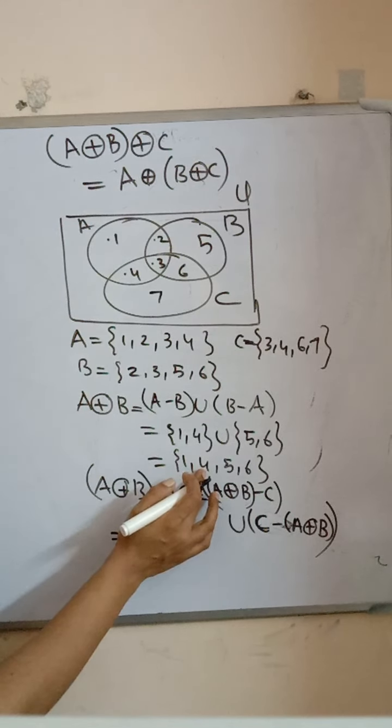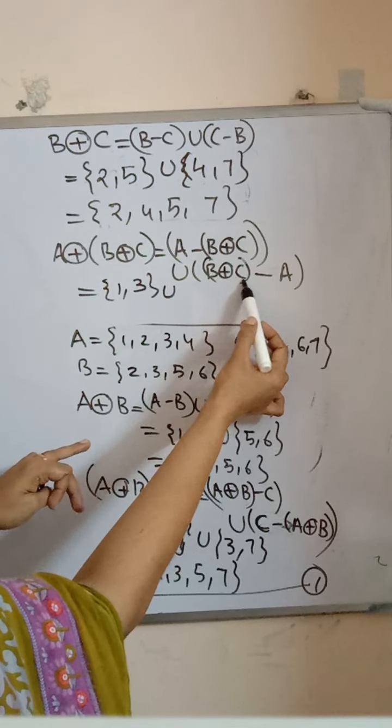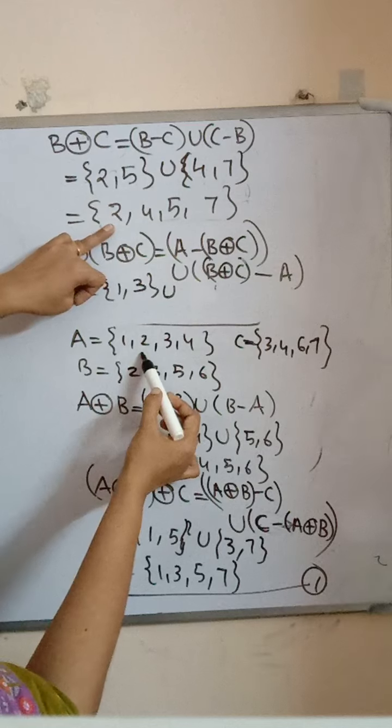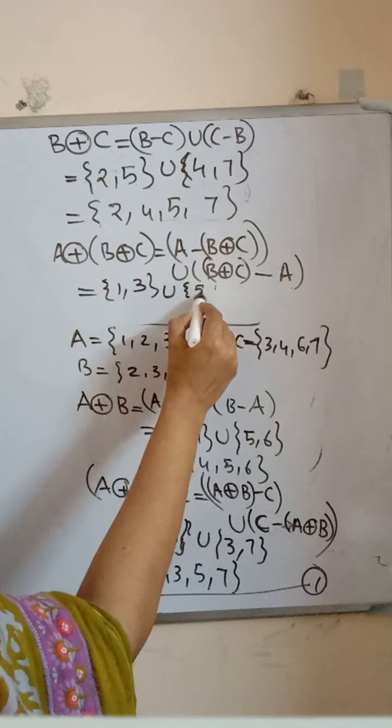Then A symmetric difference B symmetric difference C is equal to A difference B symmetric difference C union B symmetric difference C difference A. Here A difference B symmetric difference C is elements in A but not in B symmetric difference C, that is the set 1, 3, union B symmetric difference C difference A, that is elements in B symmetric difference C but not in A, that is the set 5, 7.